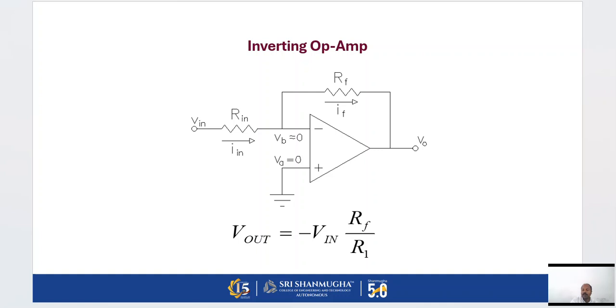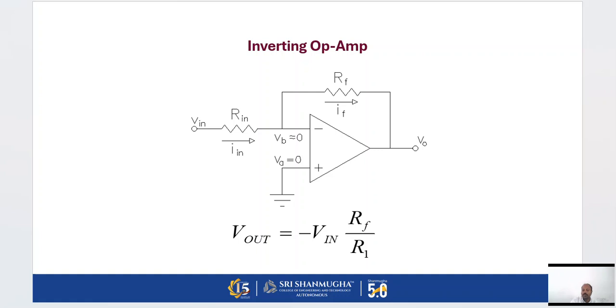Consider we need the output voltage as 10 volts. If the input voltage is 1 volt, we need to get 10 as the output. We know the input is 1, so the gain should be 10, then only we will get the output voltage as 10. It should be an inverted value, so since the minus is there, we will be getting minus 10 volts as the output.